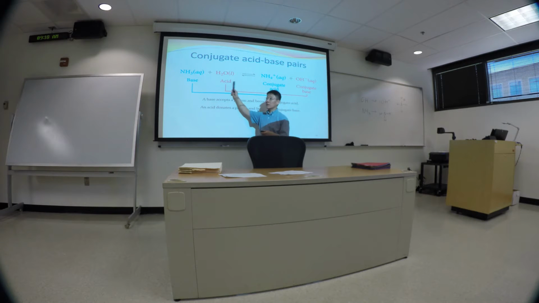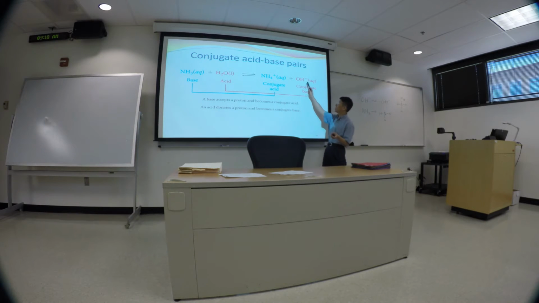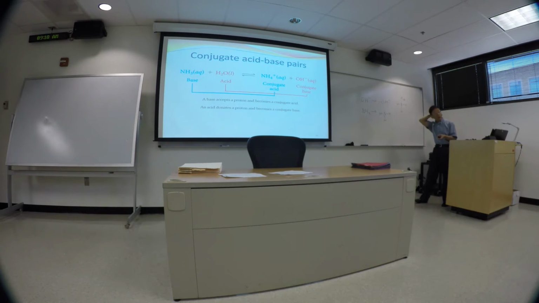This is an acid, and you have the conjugate base. The solution of ammonia is slightly basic because of the presence of this. The relative strength determines whether you have an acidic solution or a basic solution. We'll give you the definition of acidic and basic solutions in just a little bit.